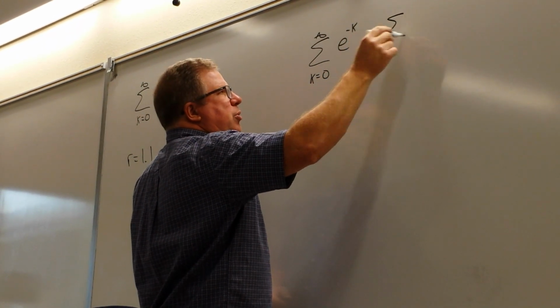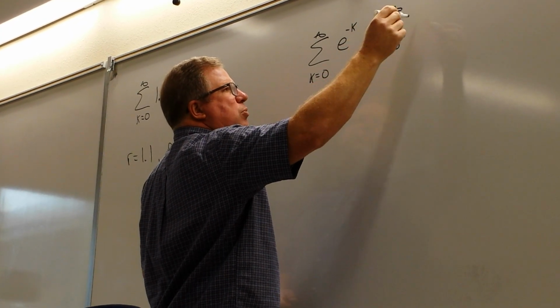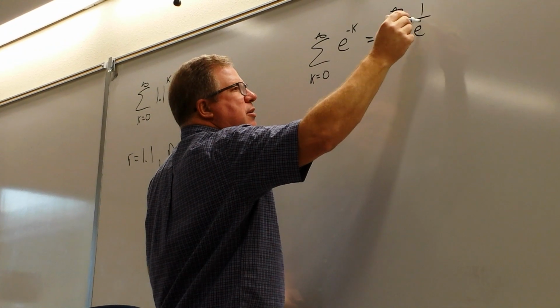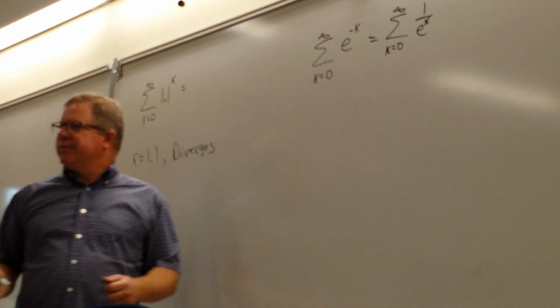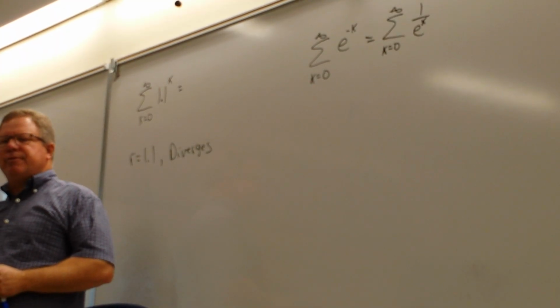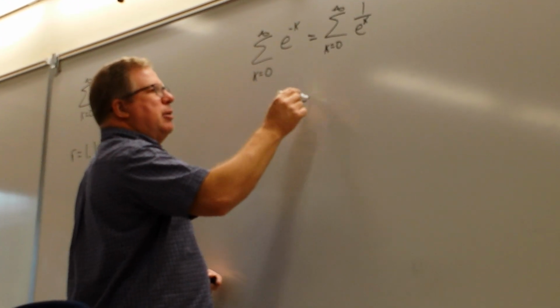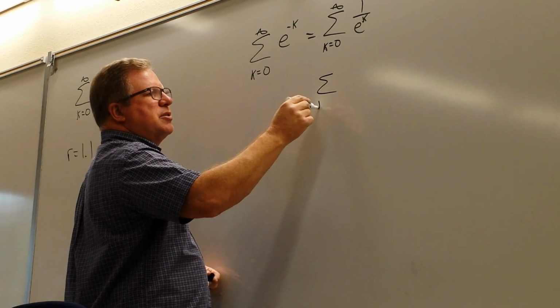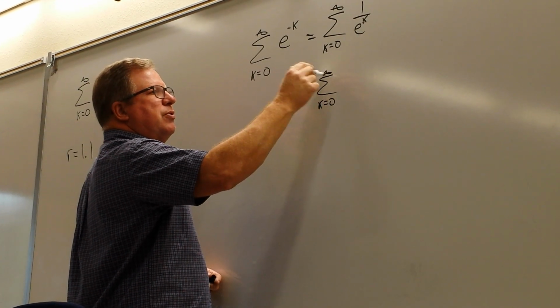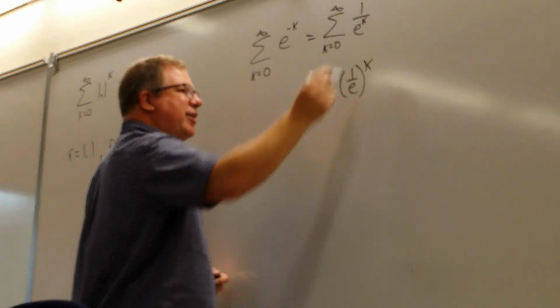From algebra, we know that e to the negative k is equal to 1 over e to the k, correct? You have a negative exponent, move it down, it becomes positive. Also, this can be written as the sum, as k goes from 0 to infinity, of 1 over e to the k, like this.